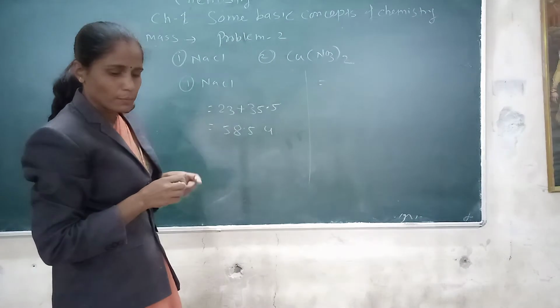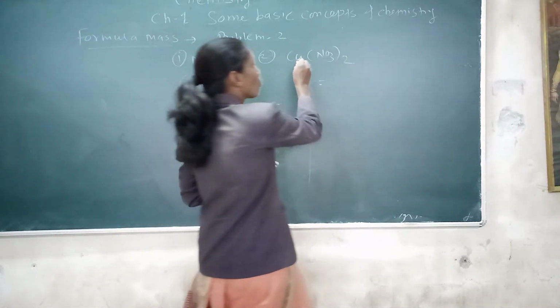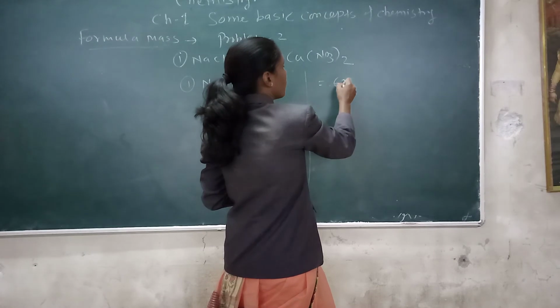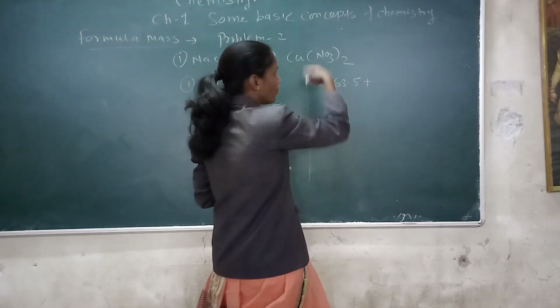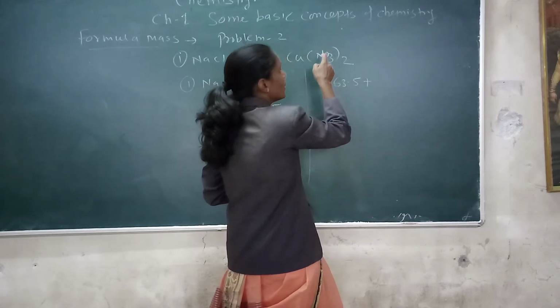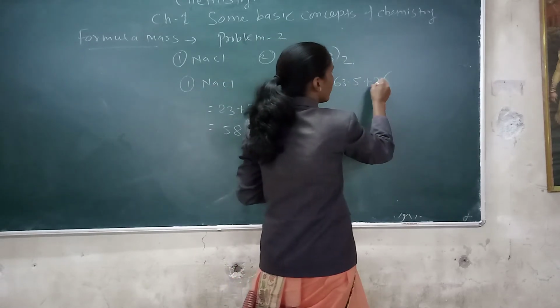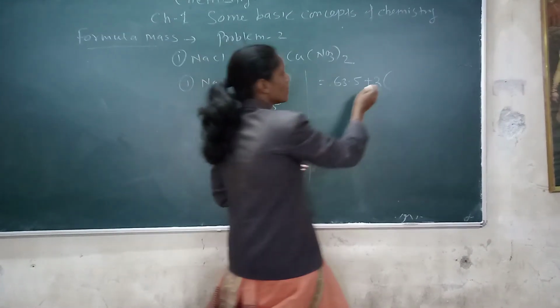Copper shows mass 63.5. Copper 63.5 here plus summation of this 2 times NO3, means nitrogen NO3 multiplied by 2 because of 2 times.